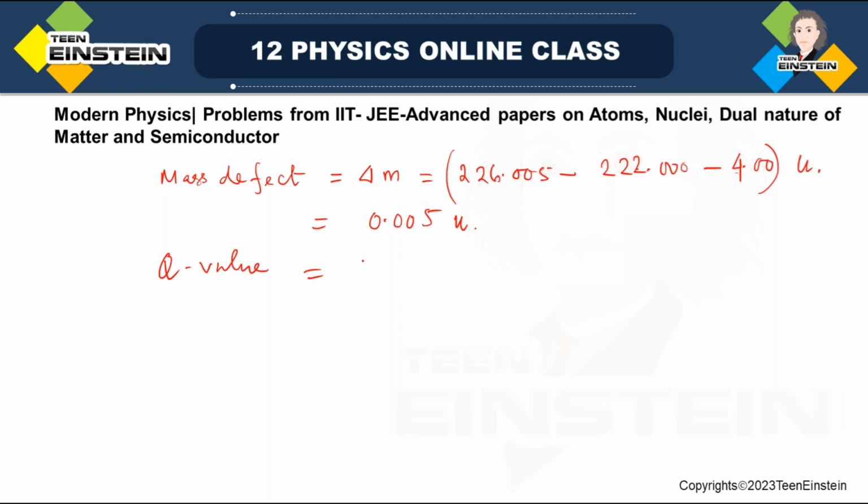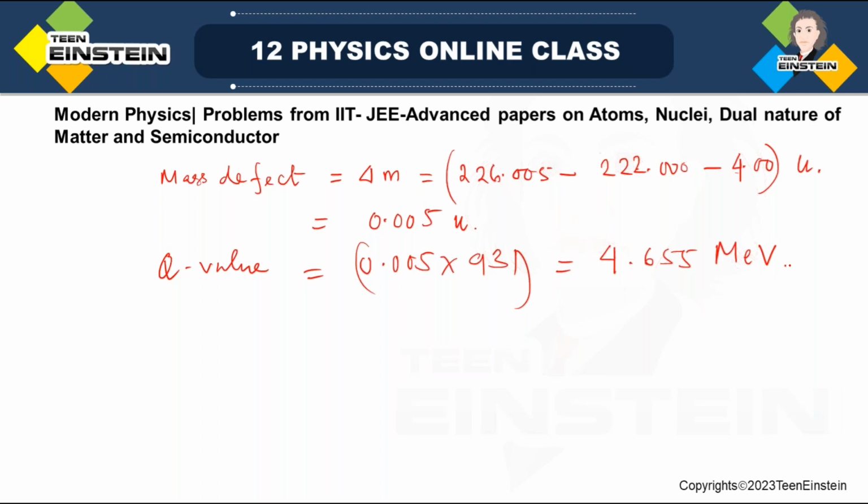The Q value, or the energy equivalent to this mass defect, is 931 into this. So if you multiply, what do we get? 4.655 mega electron volt, because this is the Q value obtained.